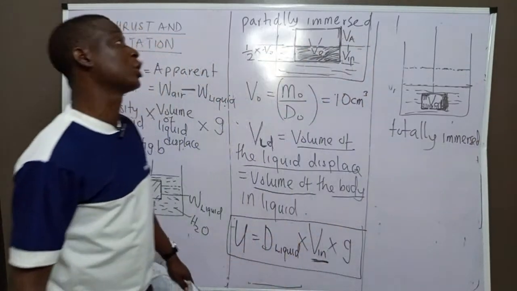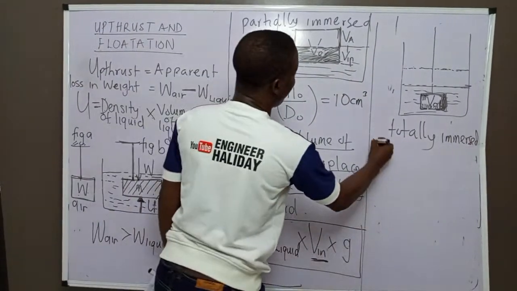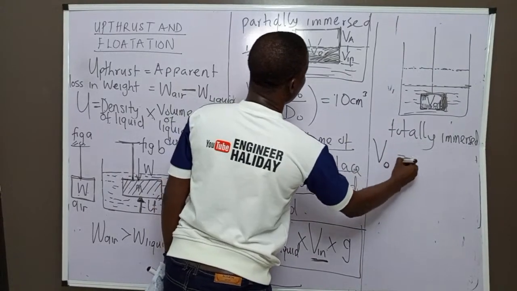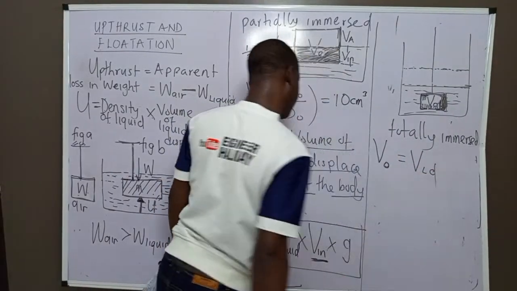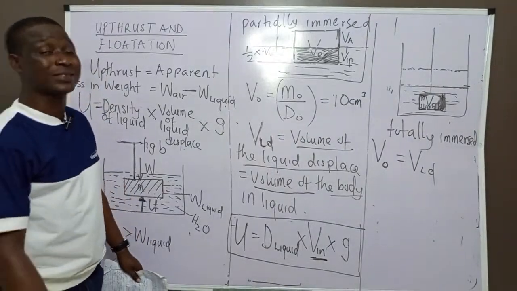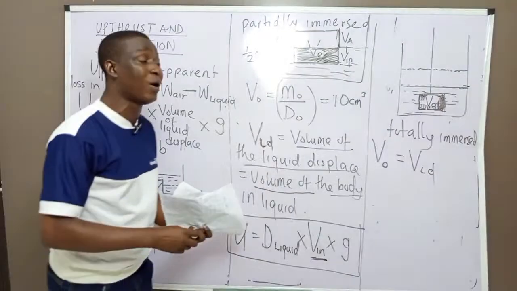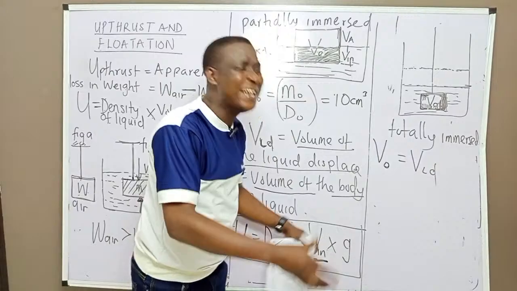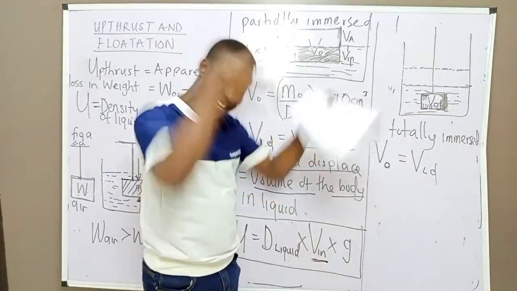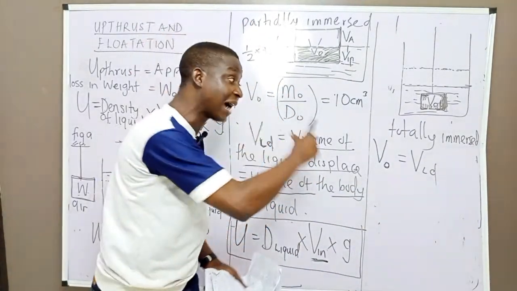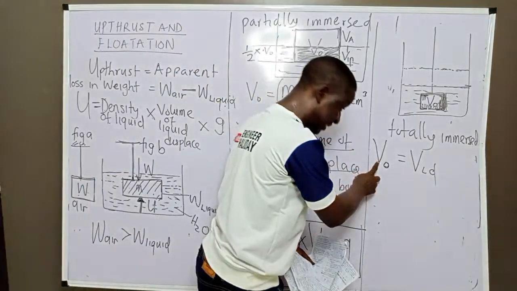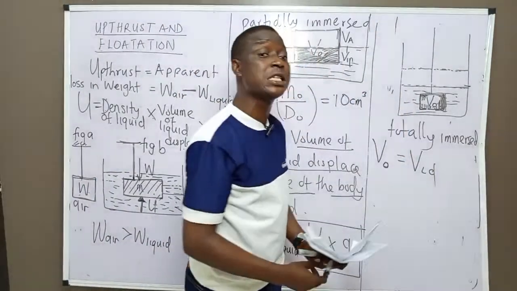In a case of totally immersed, the volume of the object is equal to the volume of the liquid displaced. When it's totally immersed in water, everything about the body is in liquid. In that case, the volume of the object equals the volume of the liquid displaced.